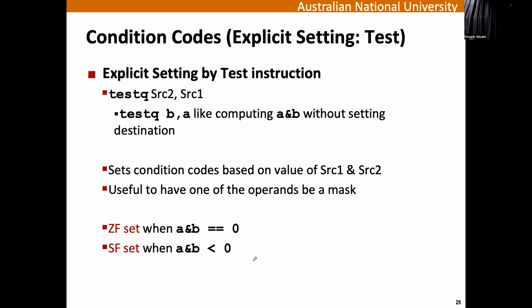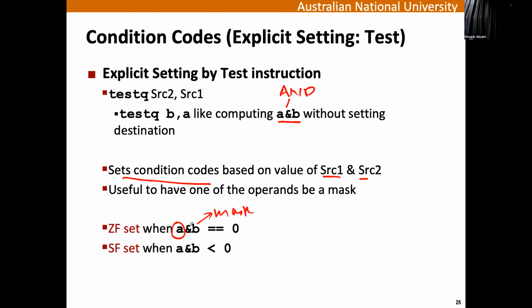The second way is the testq instruction. This is very similar, but it does A AND B, and then sets the condition codes based on the value of source 1 and source 2. Typically, we create a mask. B is a mask, and we do an AND with A to figure out something about A. Suppose we have a number A, and we want to figure out, is it a positive number, a negative number? What are its properties?